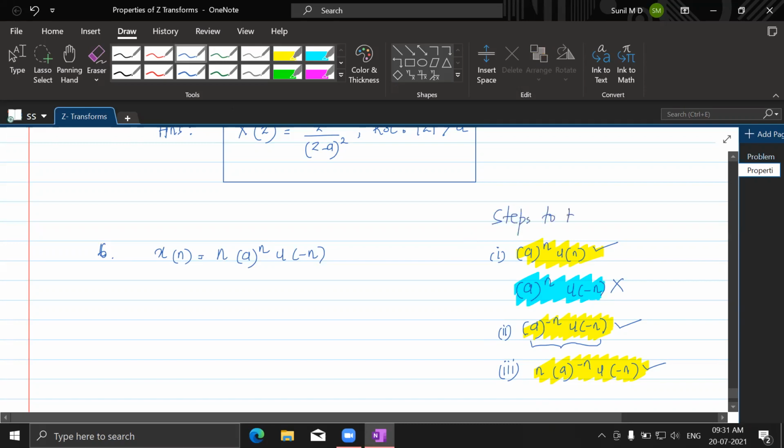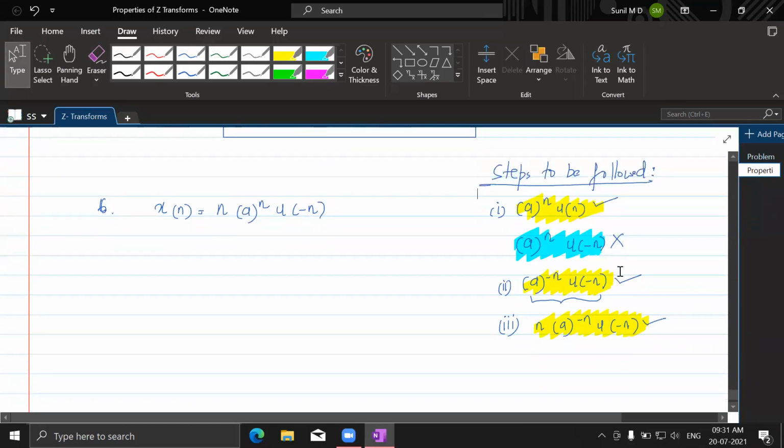Steps to be followed. Here I'm giving you all this. In the exam, you don't have to write all this like this. You can just follow the steps here. So the steps to be followed are these.